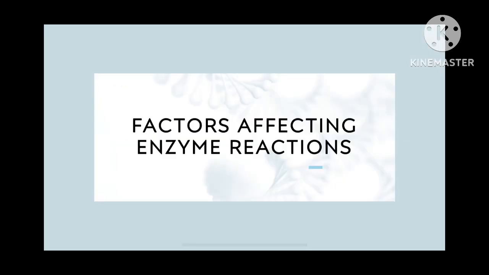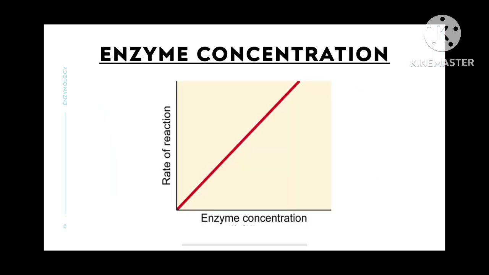What do you think are the different factors that could affect enzyme reactions? The first would be enzyme concentration. Because enzymes catalyze physiologic reactions, the enzyme concentration affects the rate of the catalyzed reaction.